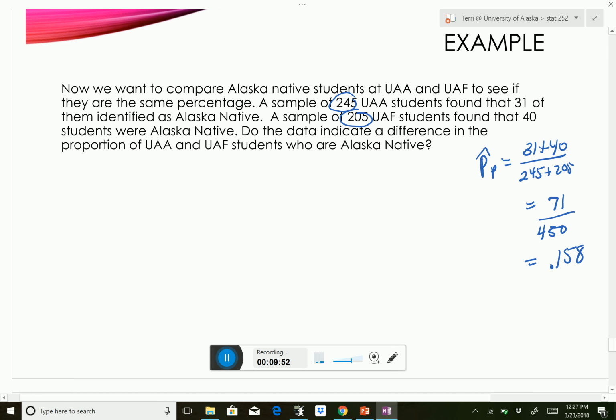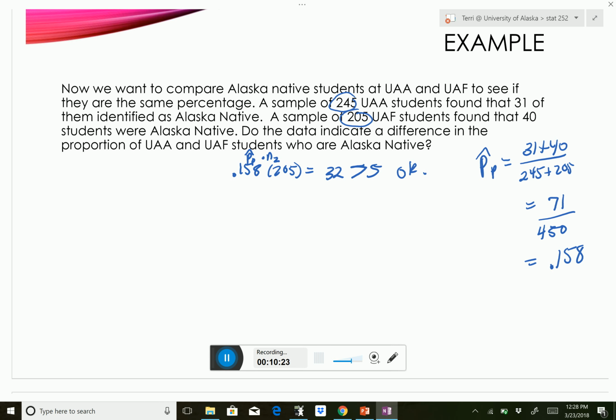So 0.158, our p hat, times n2, 205, is 32, which is greater than 5. We're okay. Our assumptions are met because the smallest of all four having to be greater than 5 is more than 5. So all of the rest of them will be.